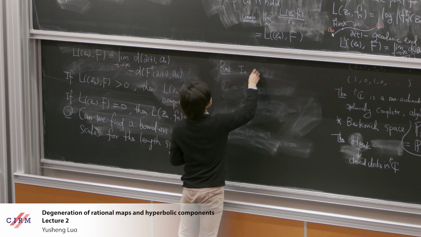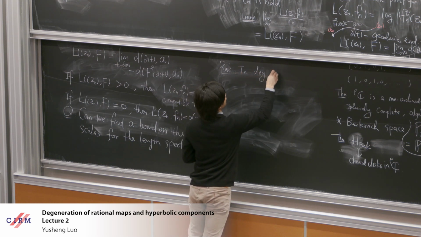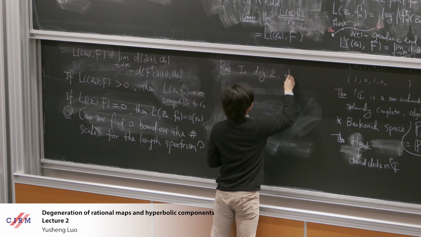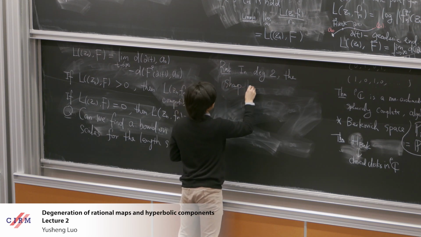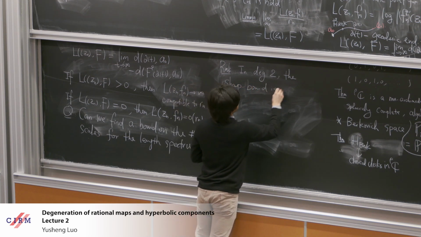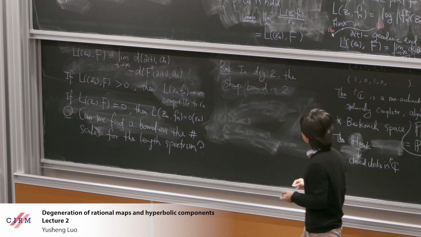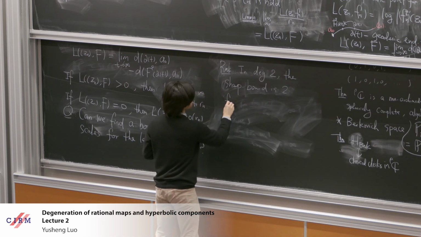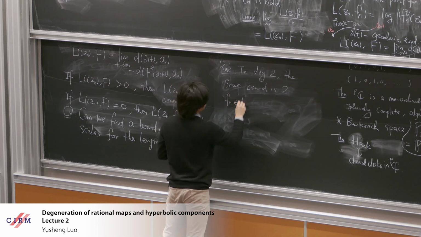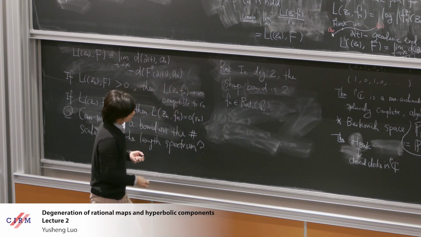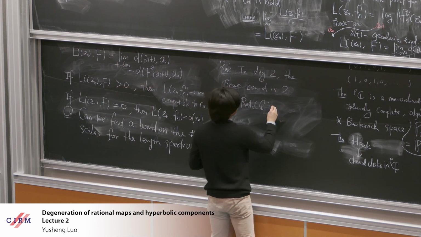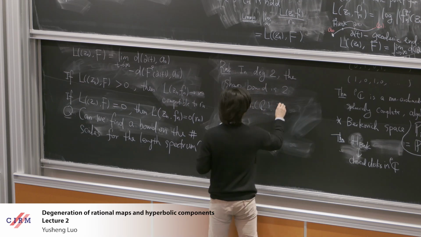In degree 2, the sharp bound is 2. So in other words, whenever you have a sequence of rational maps of degree 2, there exist at most 2 different scales.